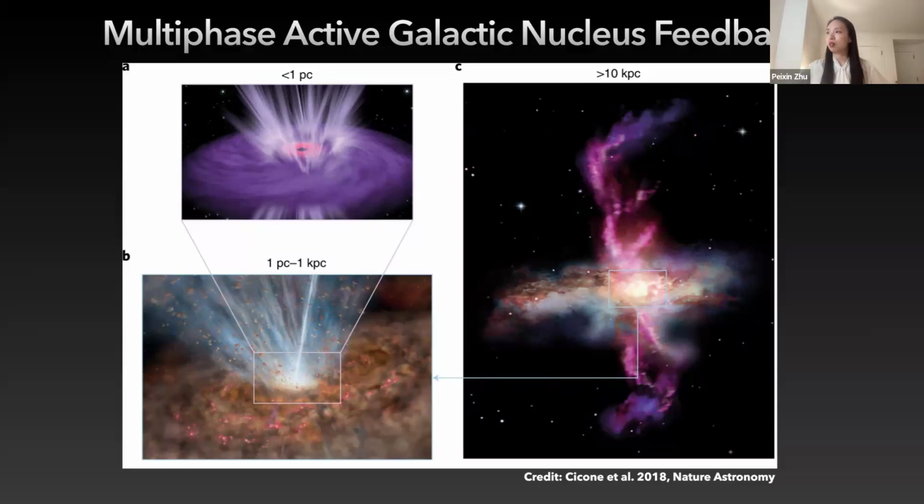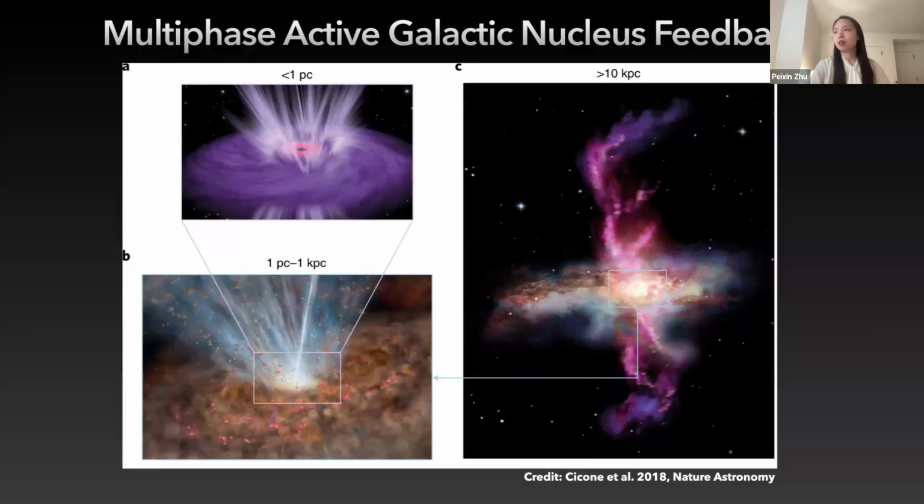And at the larger scale is over 10 kiloparsecs. 10 kiloparsec is a scale that is even beyond the galaxies, or from the galaxy center toward the galaxy edge. So at these scales, the AGN feedback is not only affecting the galaxy's medium, but also the surrounding material, including maybe nearby systems, like a nearby galaxy system, if they exist.